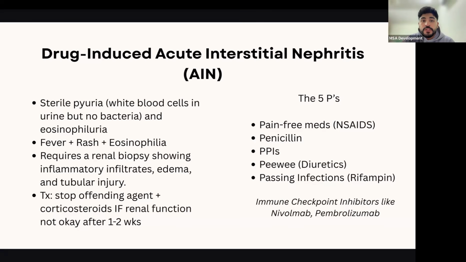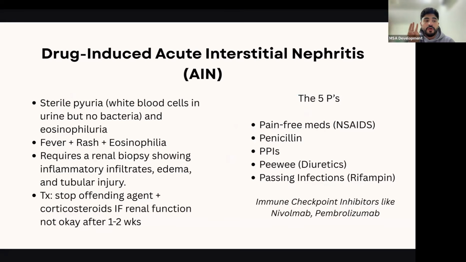Now, what are those medications that would cause the patient to have acute interstitial nephritis? They're the 5 Ps. The pain-free meds, NSAIDs. You know, NSAIDs, disastrous. They always do something. So chronic use, of course, of NSAIDs. Penicillin, or even any beta-lactam antibiotic. PPIs, proton pump inhibitors.